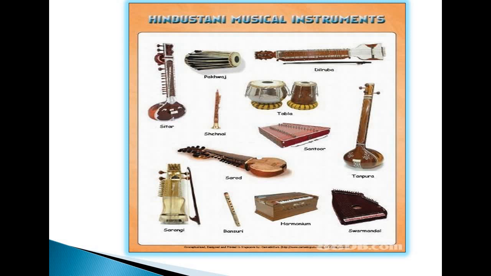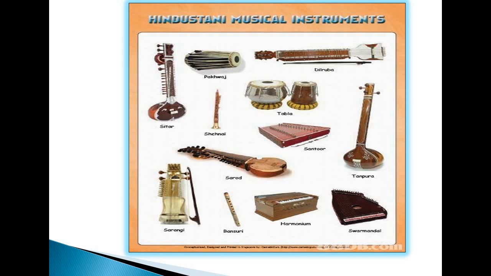So, Hindustani musical instruments. See here, I have displayed so many of the Hindustani musical instruments, many of which are known to you and some are new to you as well. Starting from my left-hand side, we have sitar, pakhawaj, dilruba, shehnai, tabla, santoor, sarod, tanpura, sarangi, bansuri, harmonium, and swarmandal.